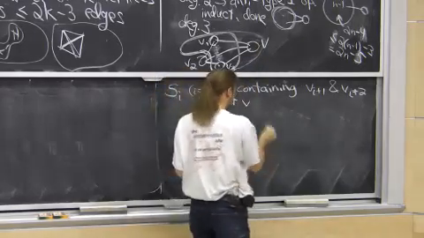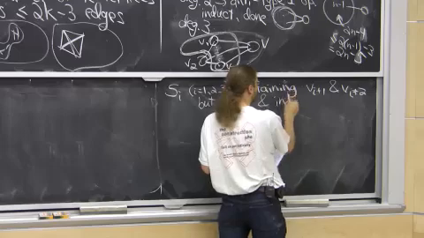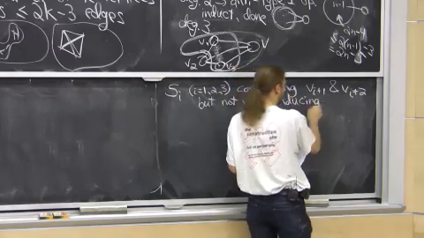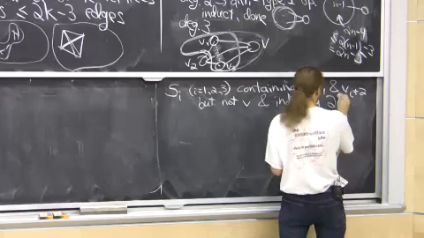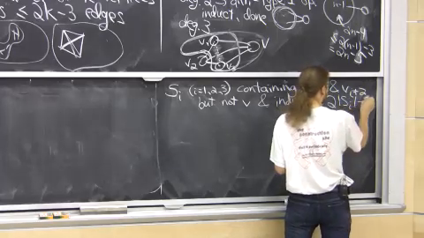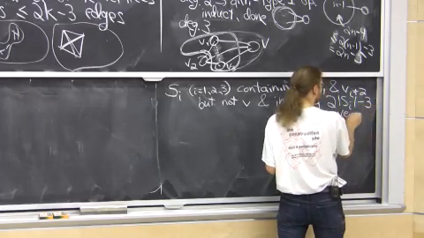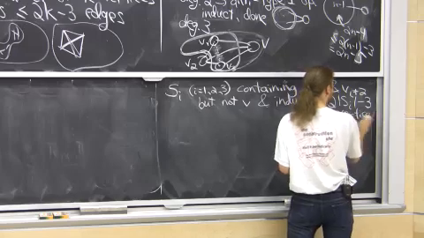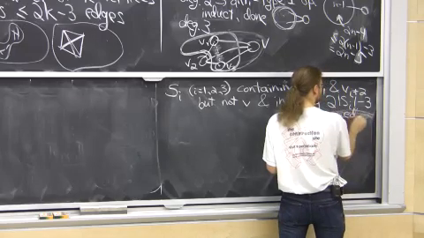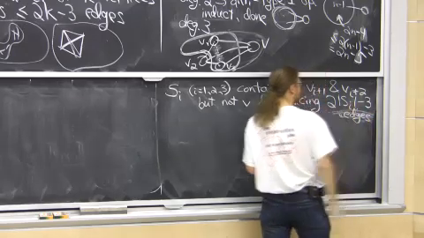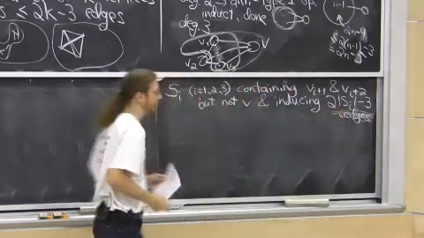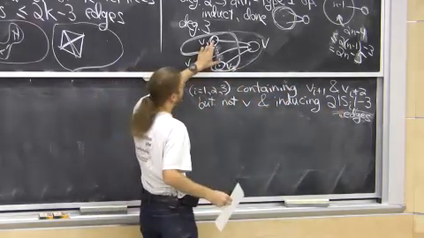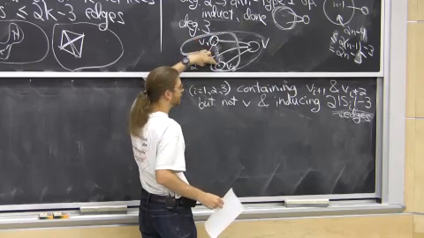So that turns out not to matter. And suppose that it induces exactly 2k minus 3 edges, where k is the size of Si. So it has 2|Si| minus 3 edges. If it has exactly 2|Si| minus 3 edges, I can't add another one. And if this is true for this pair and for this pair and for this pair, then I'm screwed.